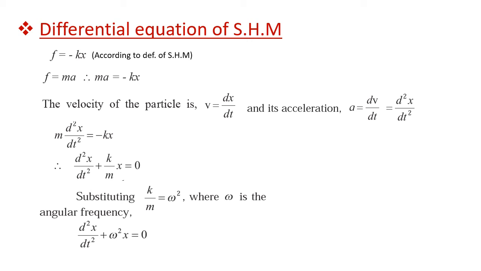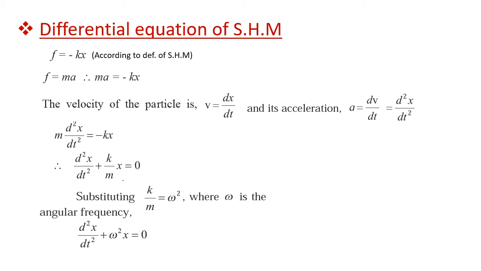Now we all know that acceleration is the time rate of change of velocity, and velocity is the time rate of change of displacement. So if we have to write acceleration in terms of displacement, how can we write it? Acceleration is equal to dv upon dt, that is, the time rate of change of velocity.